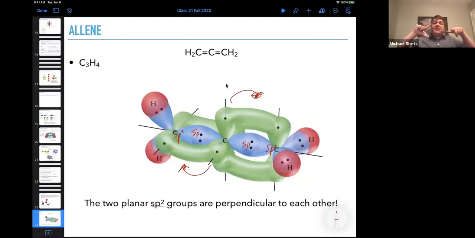Because you've only got two p orbitals and they're perpendicular to each other, the pi bonds have to be perpendicular to each other, and therefore the hydrogens are perpendicular to each other as well. You can do calculations or experiments and see that indeed the molecular shape is that the two trigonal planar carbons have their hydrogens perpendicular to the others. I think that's a really cool example of how this geometry all works together.